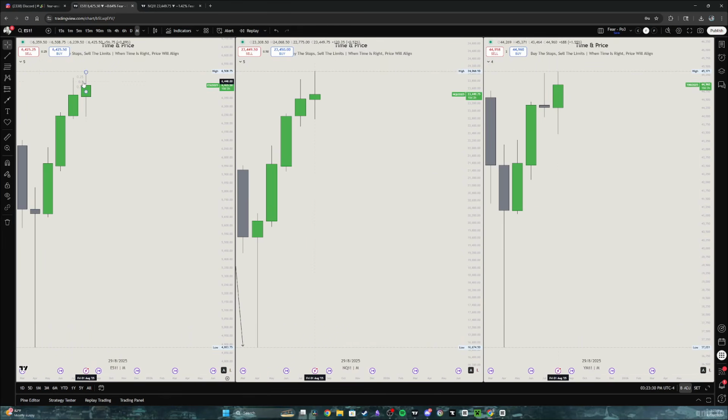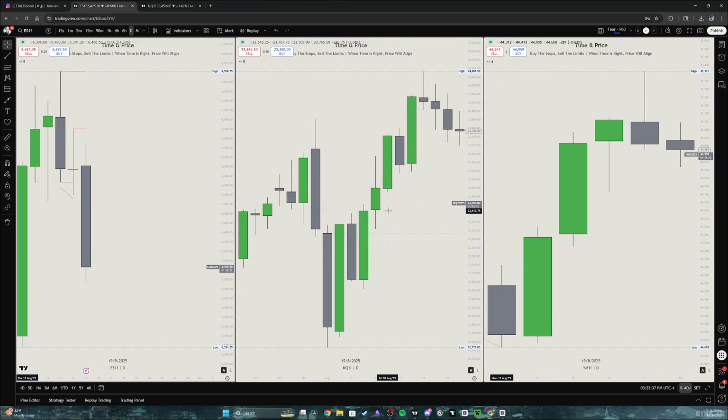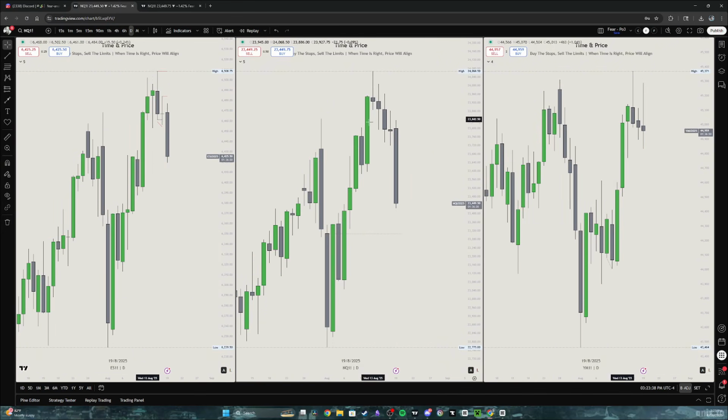Even though NQ and ES did not trade into it, we still did on YM. That counts. Higher time frame PD array, lower time frame SMT, and since then, within our monthly power 3, we have been expanding, distributing higher. Due to that, we want to see continuation higher going into the next weekly power 3.